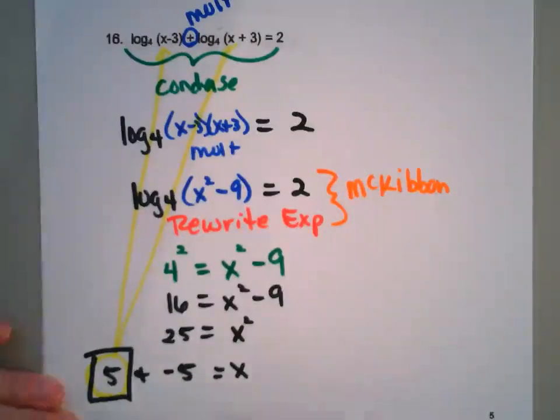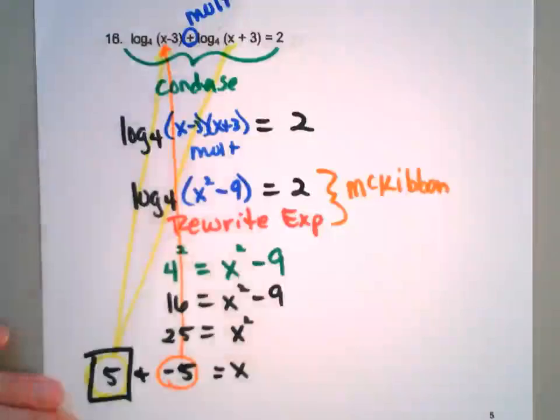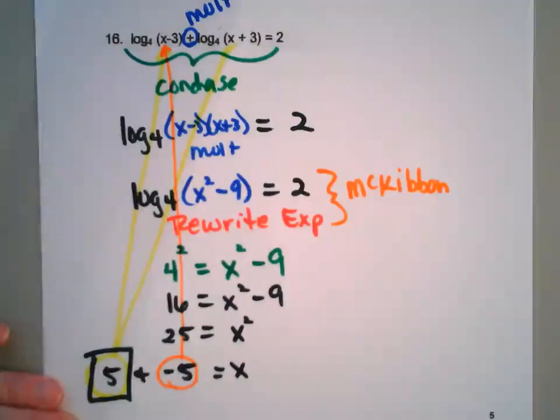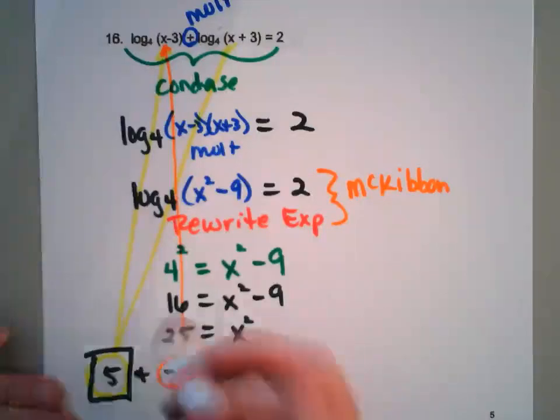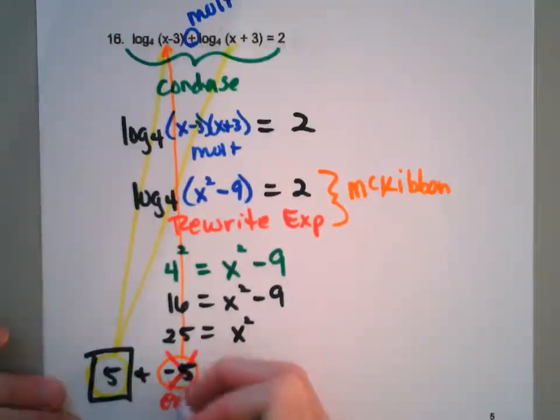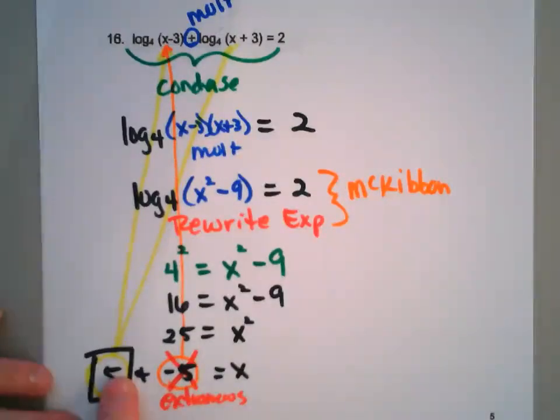Let's check out the negative 5. If I take this negative 5 and I plug it back into this right here, is it positive? No. Negative 5 minus 3 is negative 8. That makes that an extraneous solution. And only 5 becomes your answer. Only 5.